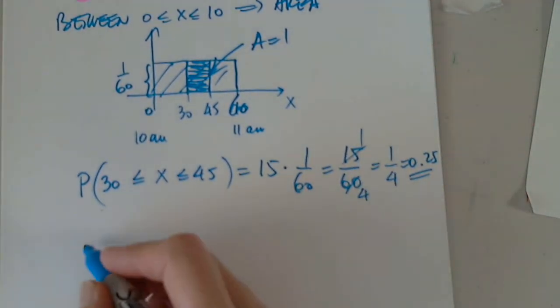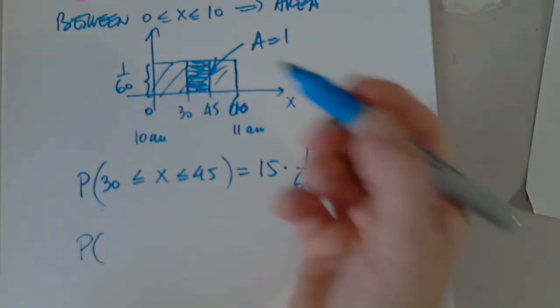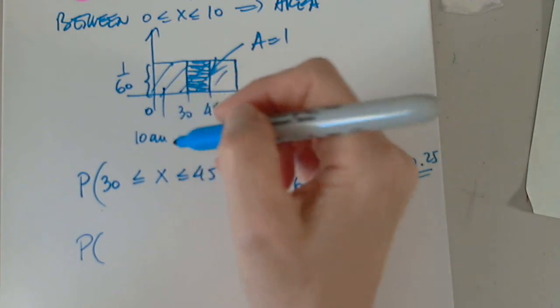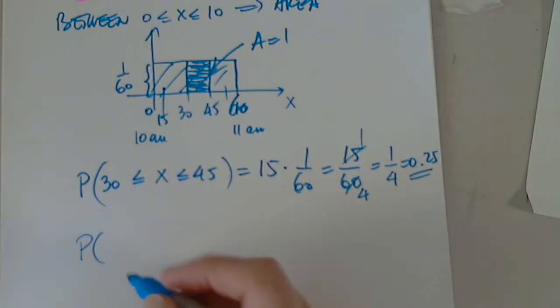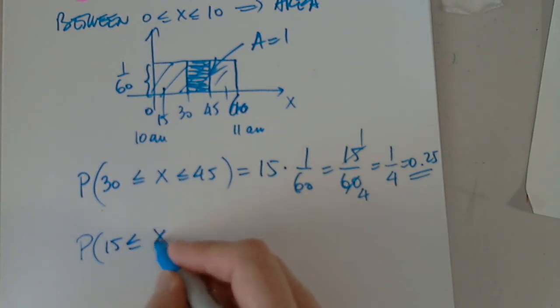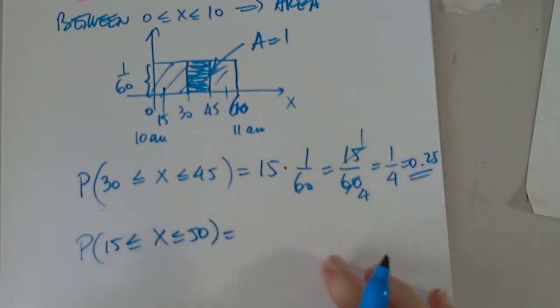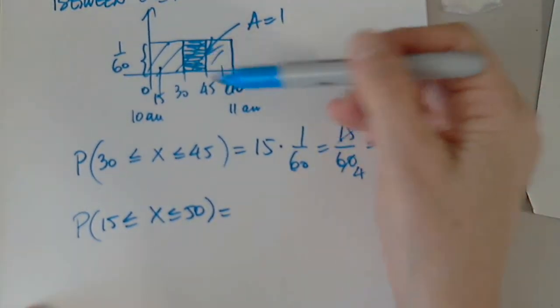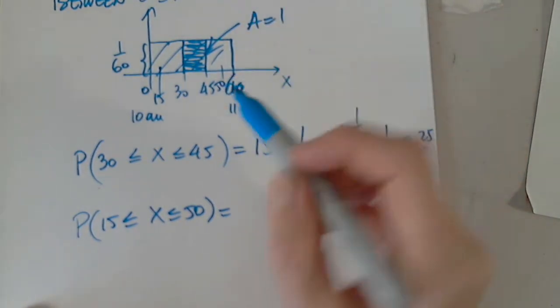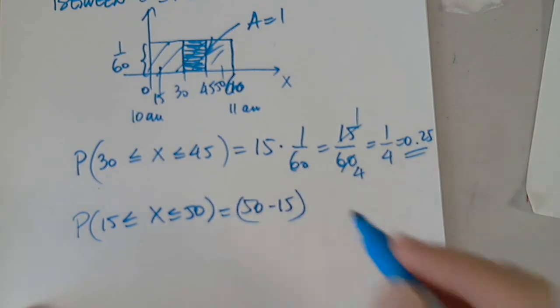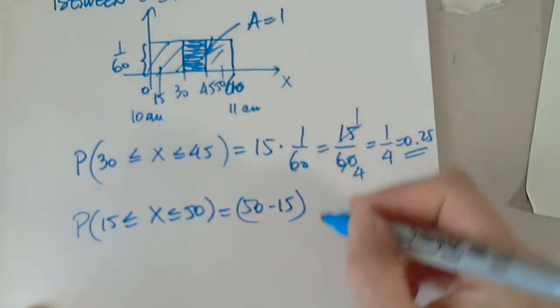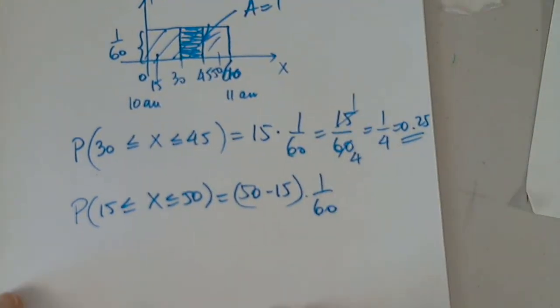We can choose another. Let's say the probability between 10:15 and 10:50. So between 15 and 50, same thing, base times height. So 50 minus 15, that's the base, times the height, 1 over 60.